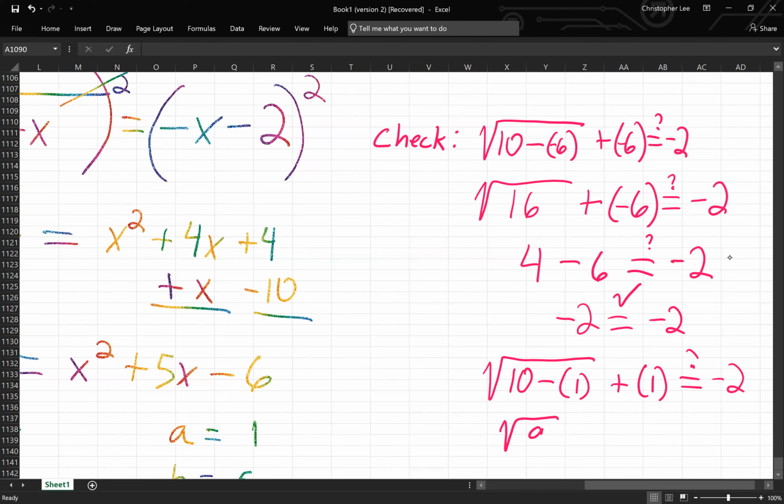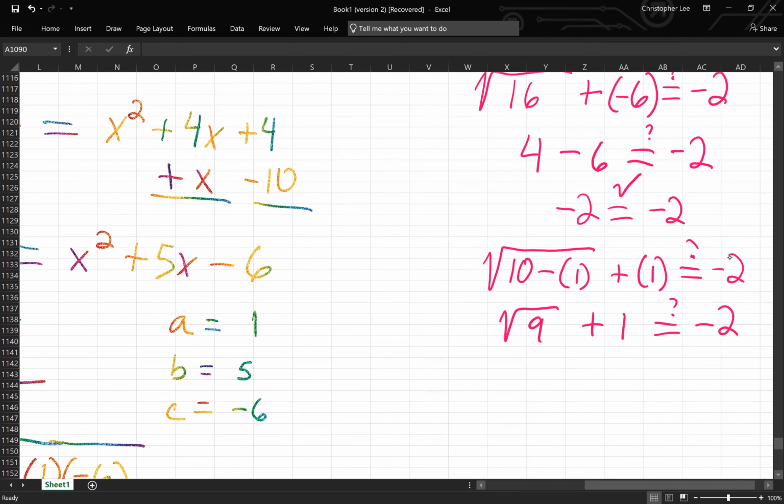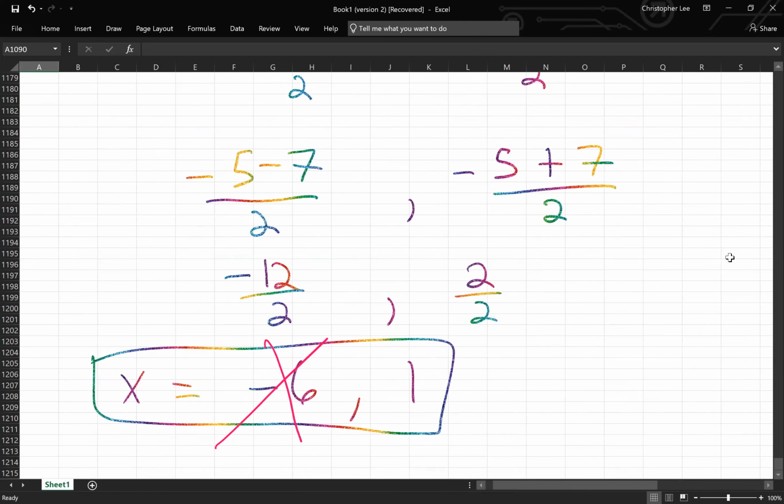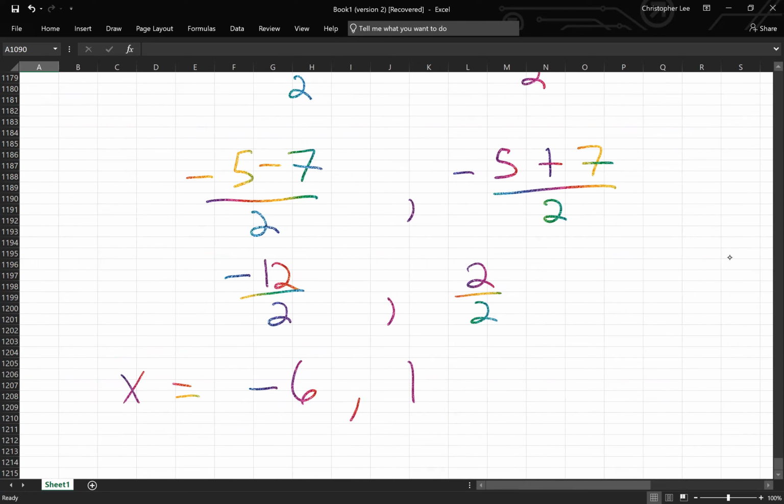So square root of 9 plus 1, allegedly that's equal to -2. Let's see. So what's that? 3 plus 1. It might be -2. But 4 does not equal -2. So yikes. 1 ain't an answer. So only answer here, x is equal to -6.